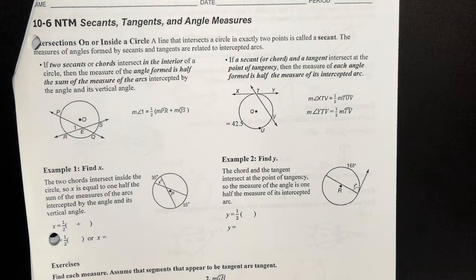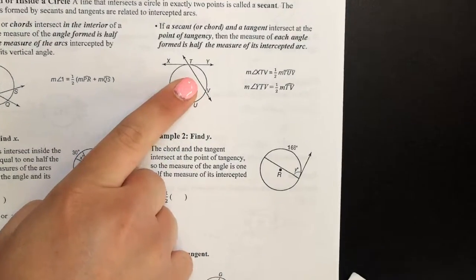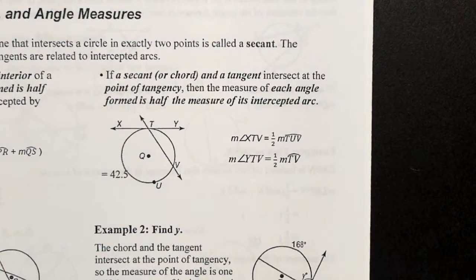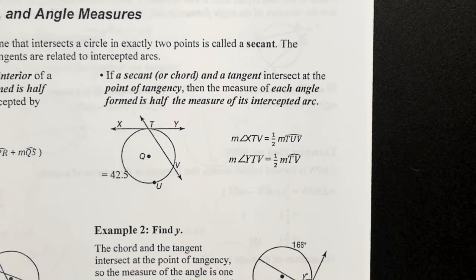They're two separate lines that you have to know the difference between. But I have a good way to help you, okay? Right here, one of these is secant, and one of these is tangent. Which one do you think is which? Tangent only hits at one point.